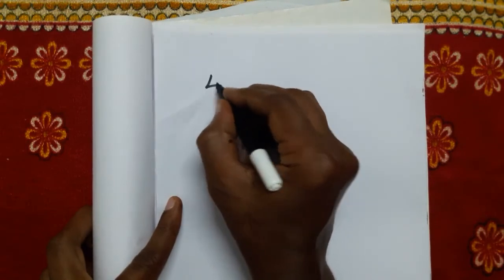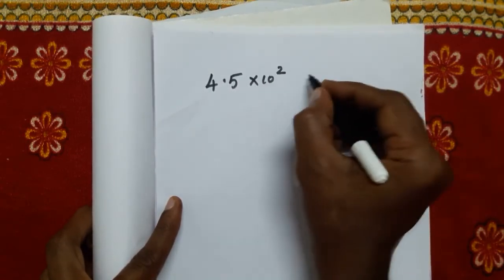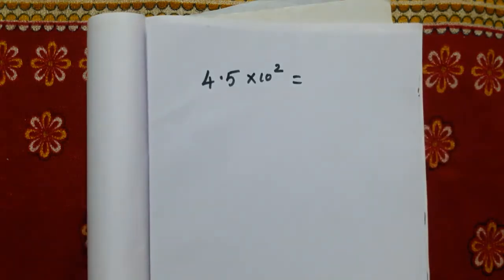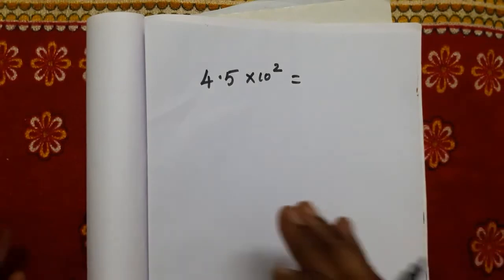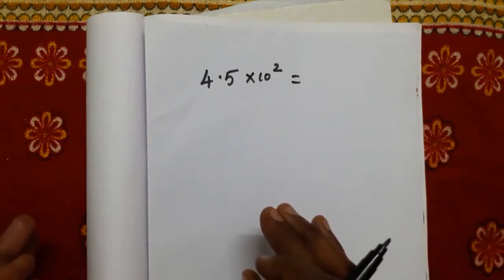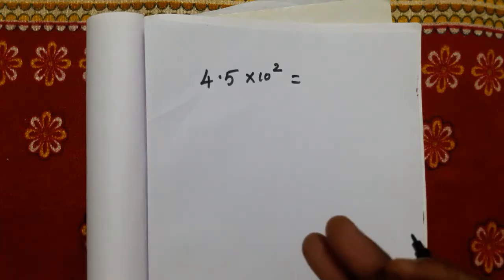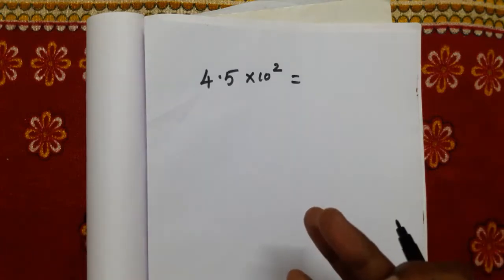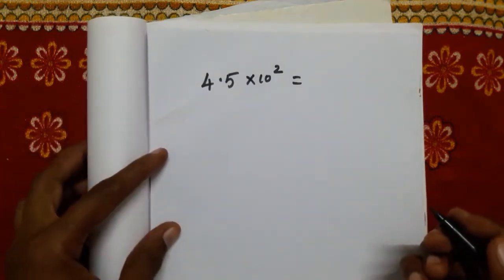Now, 4.5 into 10 power 2. Converting scientific notation into decimal number is the reverse of converting decimal form into scientific notation. How can we write this?